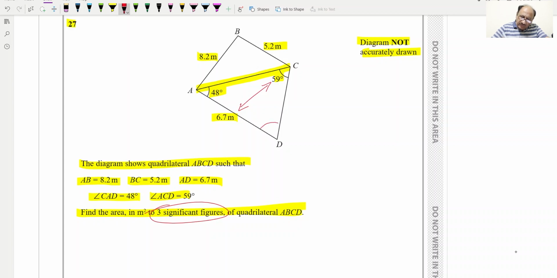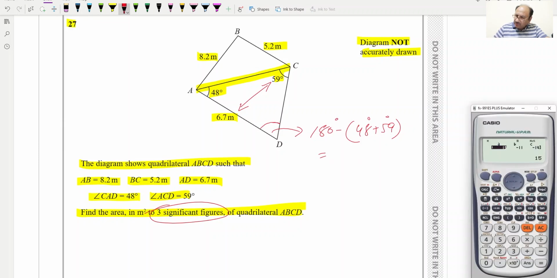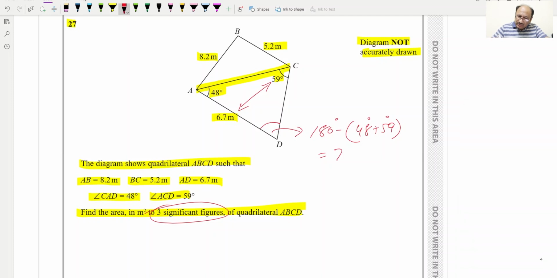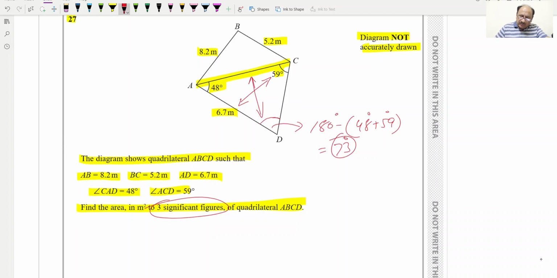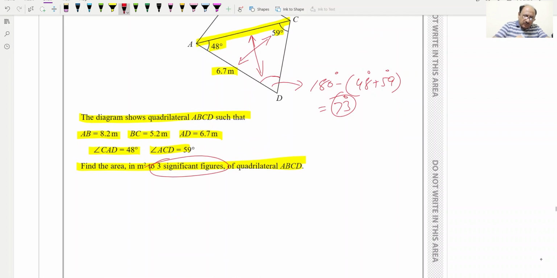First we can find the third angle, and this angle will be 180 minus (48 plus 59) degrees, and this is equal to 73 degrees. So 73 degrees will be used, and I'm just copying the same working here.